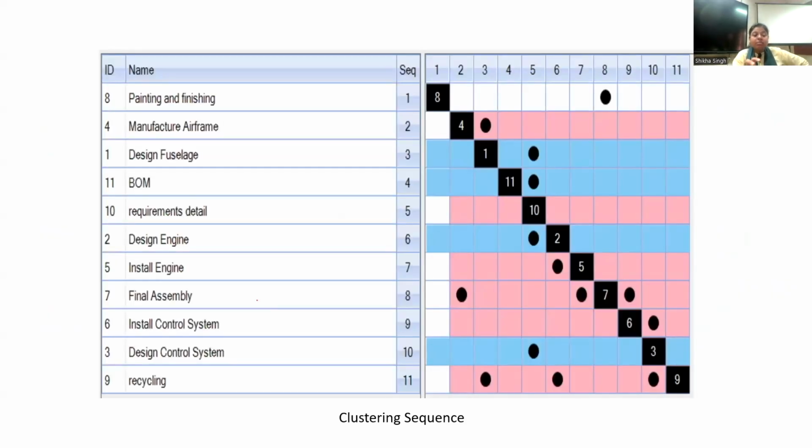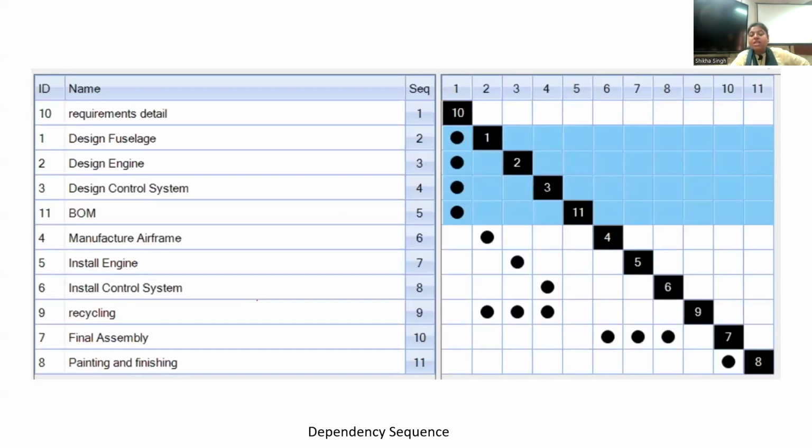Though it is a small subset of activities, the clusters are not very clearly coming up, right? But still, we'll be able to identify that some things should be working together. You see, this dependency sequence is different. It has been restructured or reorganized to arrange the sequence of activities.